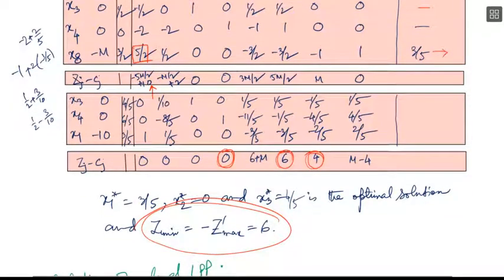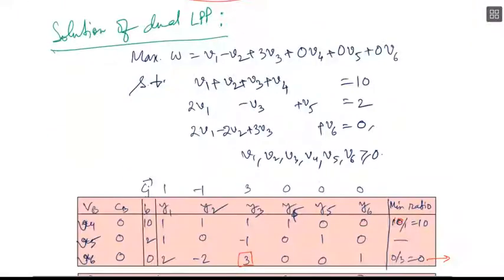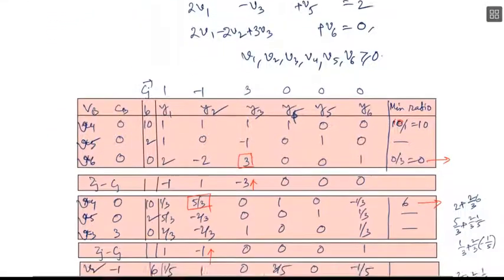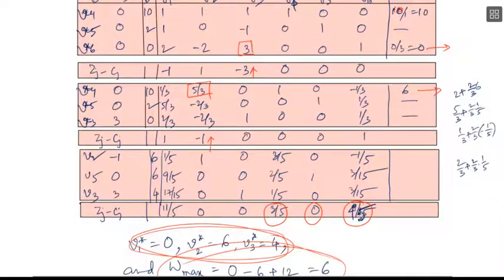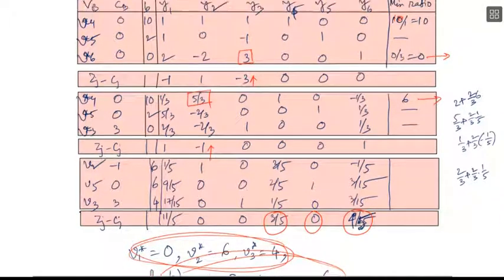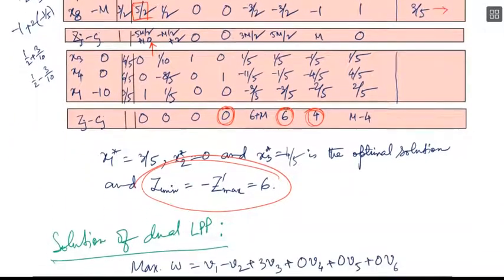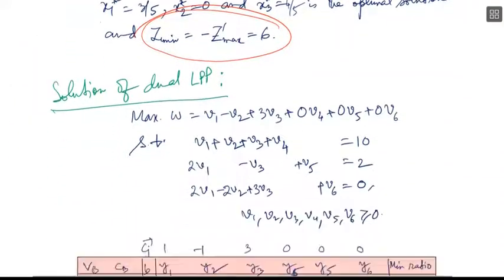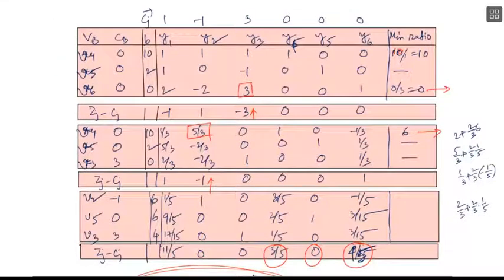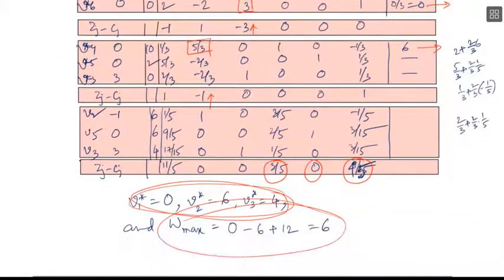Those are 0, 6 and 4, and in the dual problem there were 3 slack variables and their corresponding column Zj minus Cj gave the value of the primal problem. Thus, by solving either of the primal or the dual, we can obtain the solution of the other.